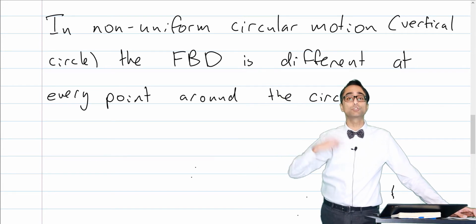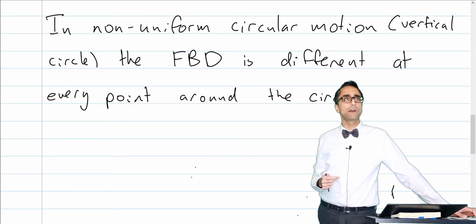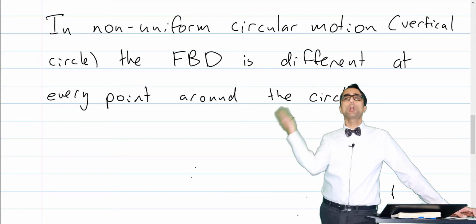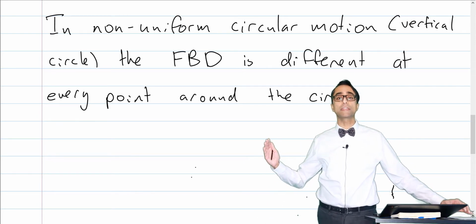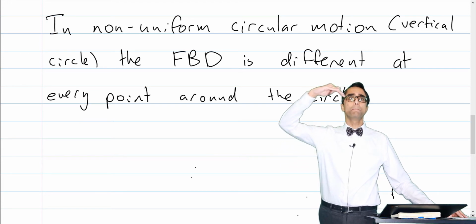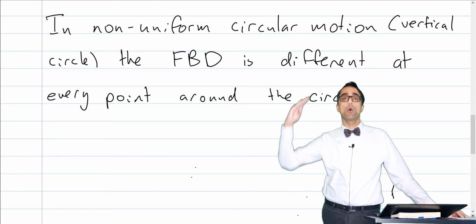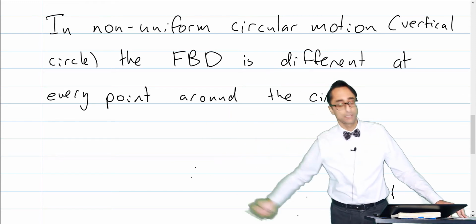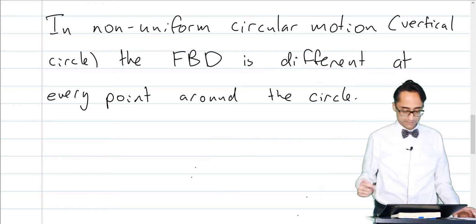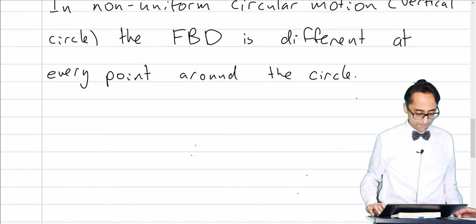Those are the two most interesting places, and they allow us to find things like the minimum velocity necessary to go over the circle, or if we were, let's say, on the outside of a circle, the maximum velocity we can go over a circle, say the bump on a road or something, without leaving the circle. And so we'll see lots of examples of that.